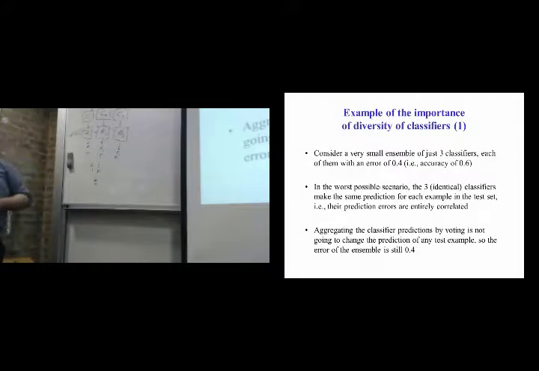And so last time we had a look at this example, didn't we? We said that if we got classifiers which had an accuracy of 60%, so they have an error of 40%, 0.4, then the worst they can do is all give you the same error, yeah?